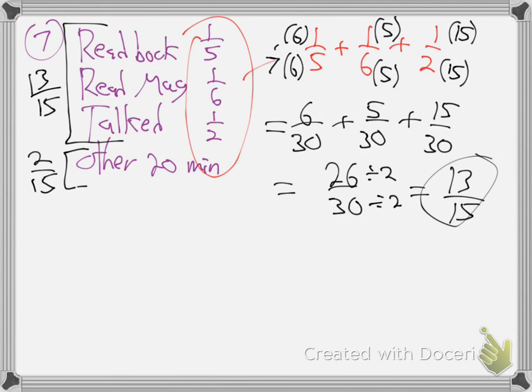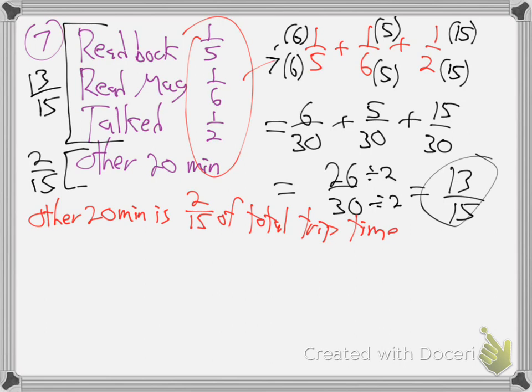So let me write what I just said. The other 20 minutes is 2/15 of the total trip time. See, I'm trying to write a simple English sentence that will lead me into a math equation.